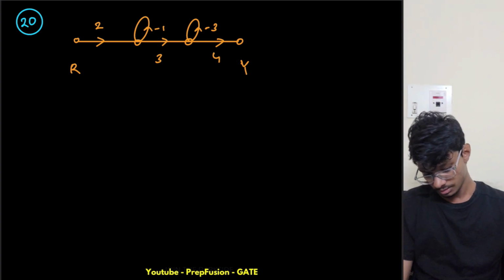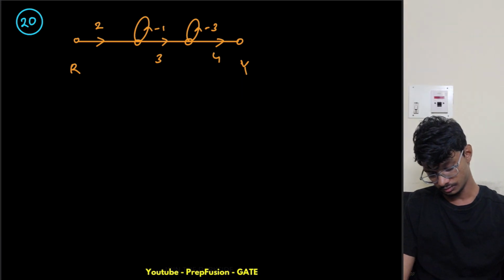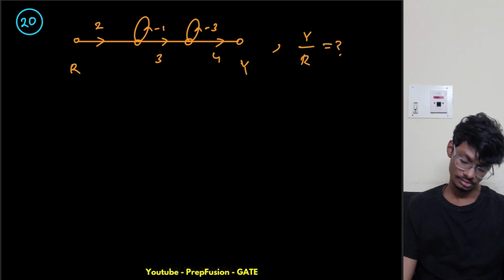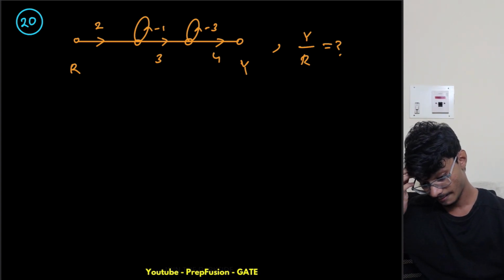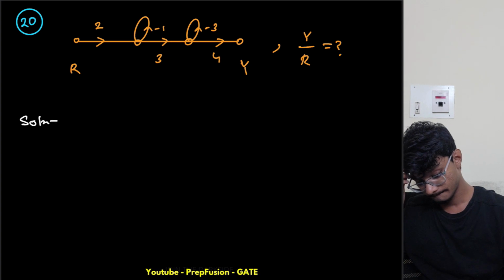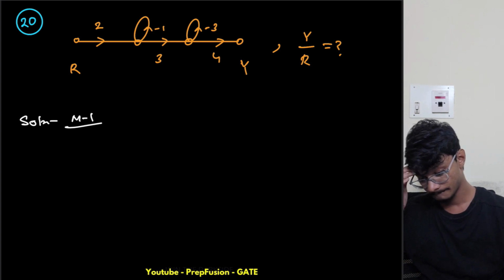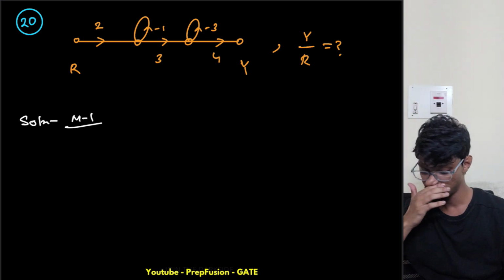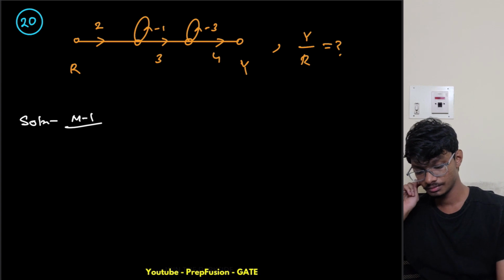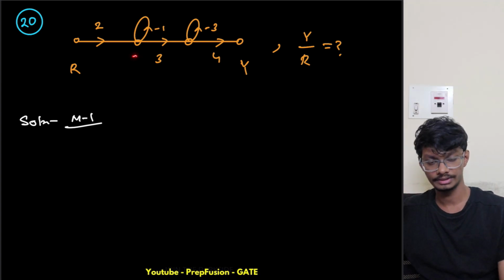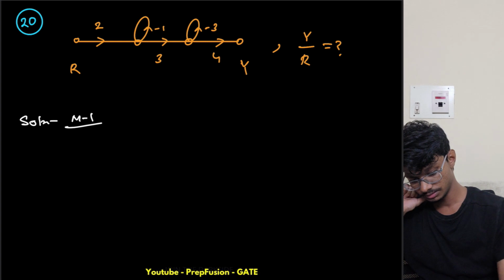First let me write these equations, method 1. Let me name the points: this is C1, this is C2.